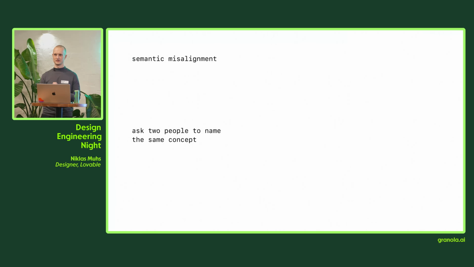There was one very interesting study in '87 where they asked 2 people to find a word for the same concept, and people only chose the same word less than 20% of the time. So it's the same compression but different words.